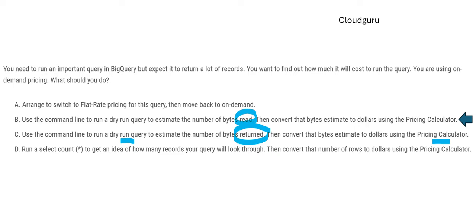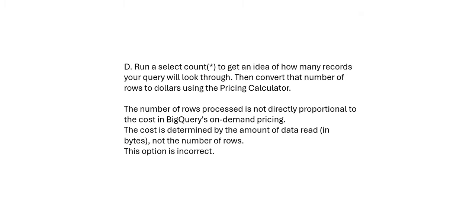Now D says let's do a count star to get an idea of how many records you will be hitting. See, if you do count star, it will take a lot of time because it's actually running the query. And if you take the number of rows and try to convert using the price calculator, that will not work because the number of rows processed is not directly proportional to the cost in BigQuery on-demand pricing.